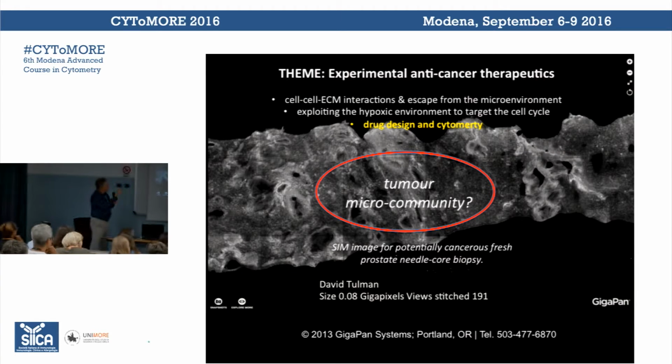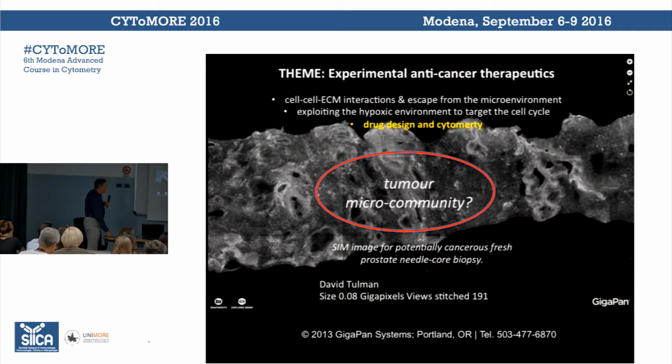So the two sub-themes are cell-to-cell and ECM interactions, obviously something important in those microcommunities, and then how one can perhaps exploit the hypoxic environment that's resident within those areas to target the cell cycle, introducing new classes of drugs into those environments in a safe way. Okay, so it's drug design and cytometry.